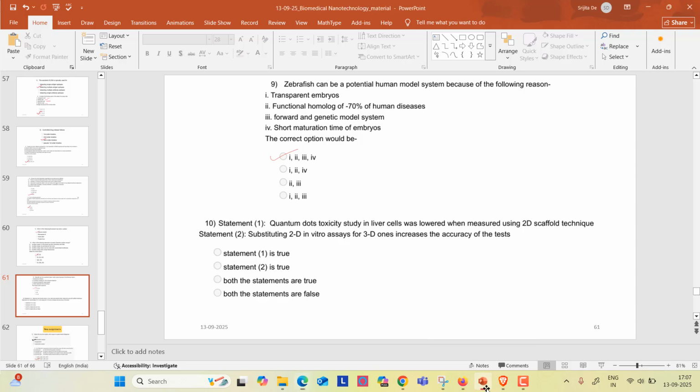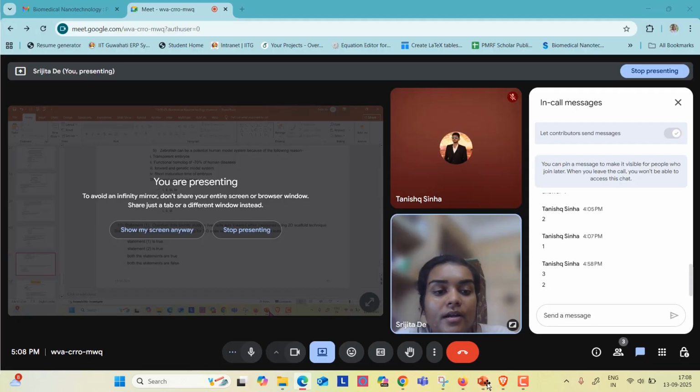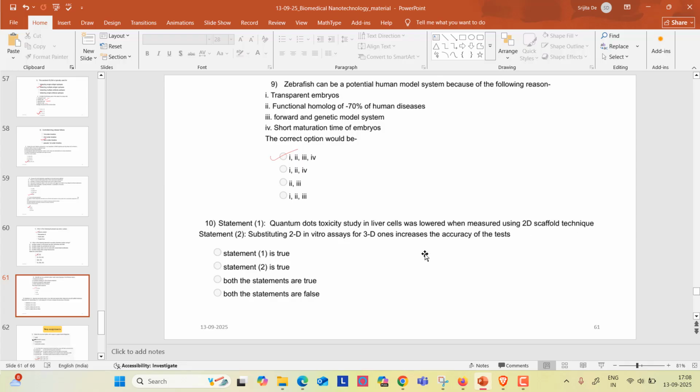Tell me which one is the correct option. So it is written that quantum dot toxicity study in liver cells was lowered when 3D scaffold technique is used. Okay. So statement 1 is wrong. And the 3D one increases the accuracy of the test. So only statement 2 is true.